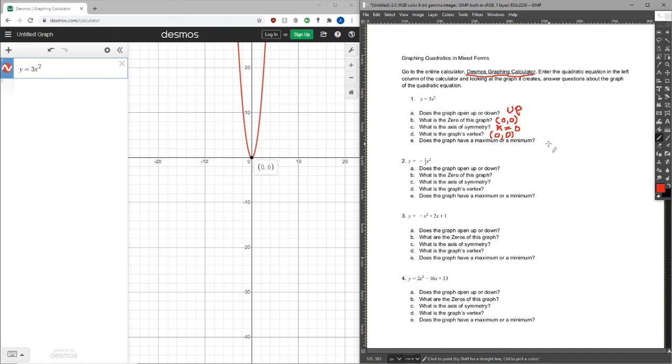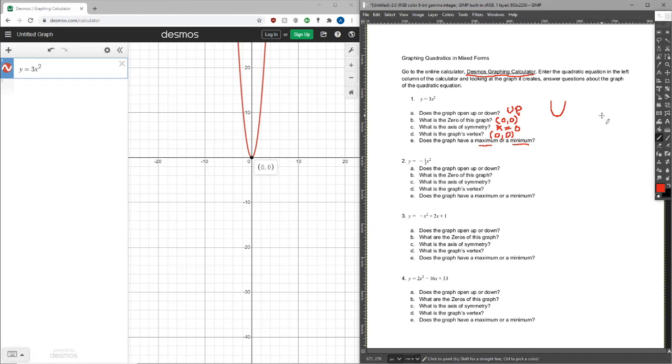Now, does the graph have a maximum or a minimum is the question that we need to ask right now. Notice that this graph is shaped like a U, and it's shaped right side up. If the graph is shaped like this, it has a valley, and its lowest point is the vertex, like that. That means it has actually a minimum because the vertex is the lowest point.